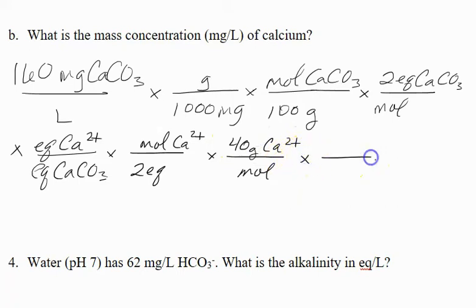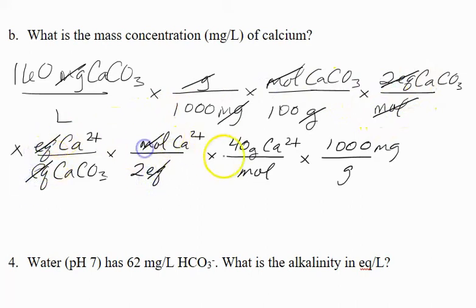And then I want to get to milligrams. So a gram is 1,000 milligrams. And let's go ahead and double check everything so I can cross out those milligrams, grams, moles, equivalents of calcium carbonate, equivalents of calcium, moles of calcium, and then now I'm down to milligrams of calcium. And what I end up getting is 64 milligrams per liter of calcium.